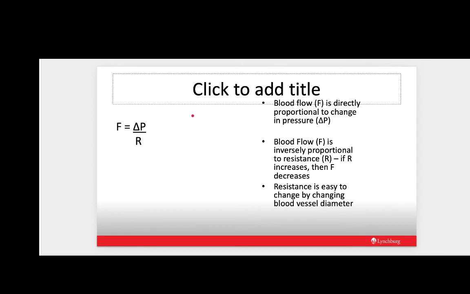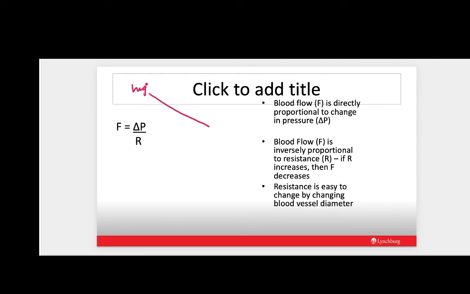So what kind of relationship do we have here between pressure, flow, and resistance? Those three factors that we've been talking about. So here's our flow. Blood flow is directly proportional to change in pressure or pressure. So by change in pressure, we basically mean a point in time.